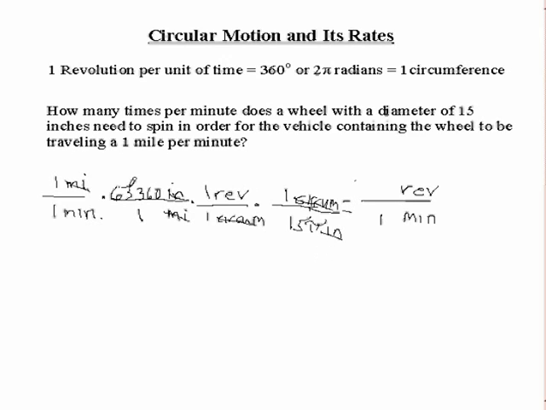When we multiply across, we get 63,360 revolutions. We want 1 minute, but right now, multiplying across, we'd have 15 pi minutes. Well, how do we turn that into 1 minute?